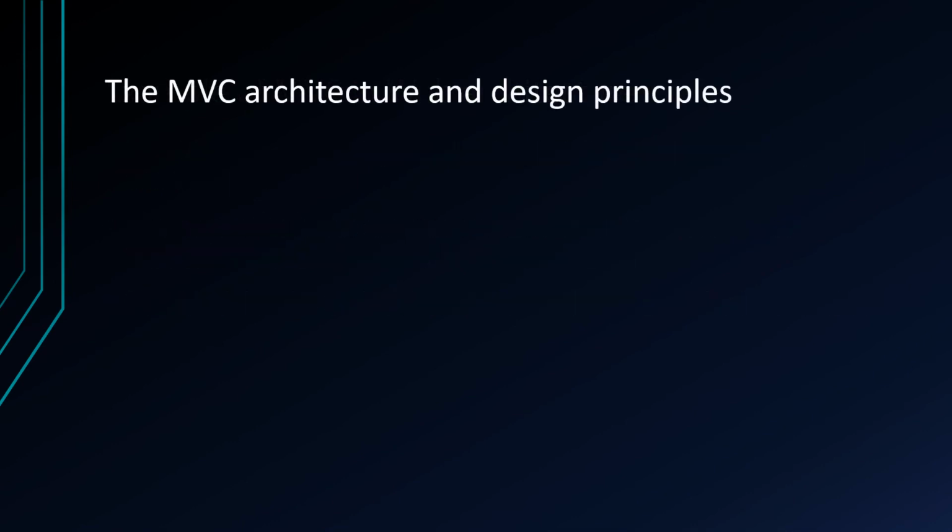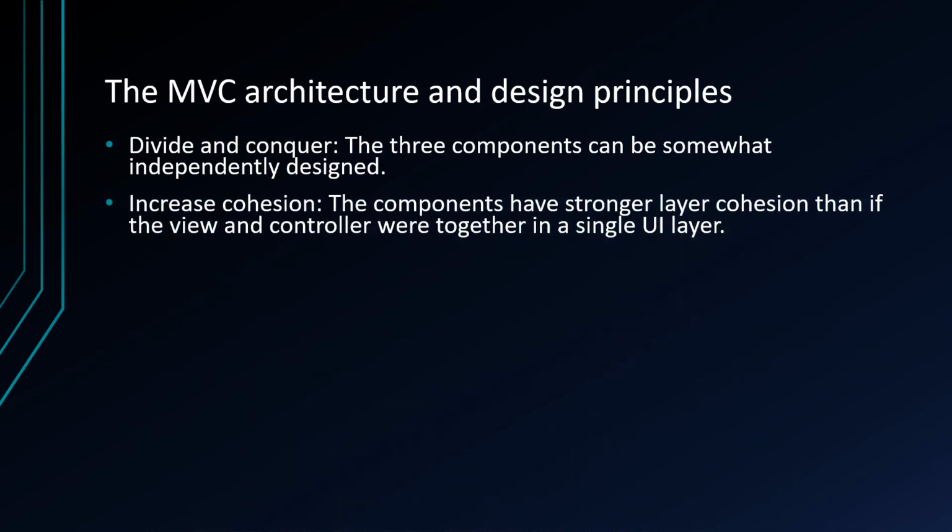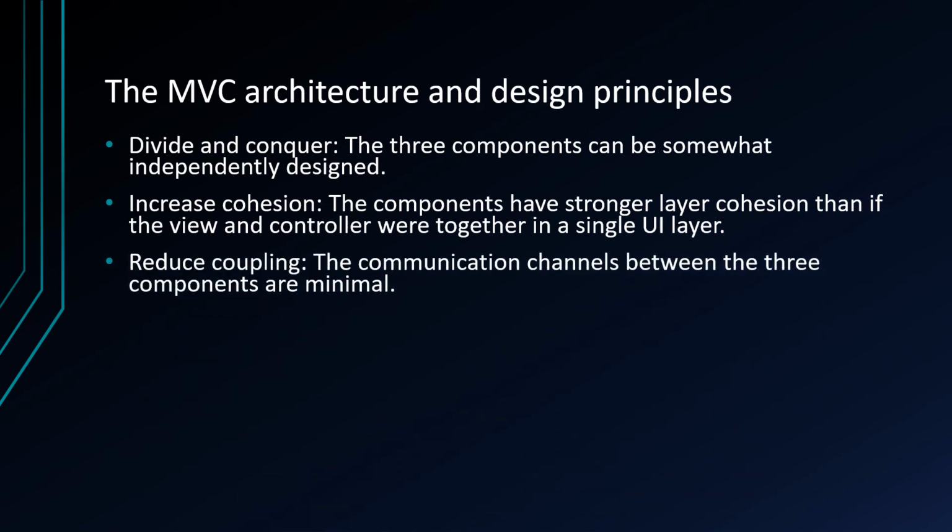The MVC architecture and design principles. In divide and conquer, the three components can be somewhat independently designed. Increased cohesion: the components have stronger layer cohesion than if the view and controller were together in a single UI layer. Reduce coupling: the communication channels between the three components are minimal.